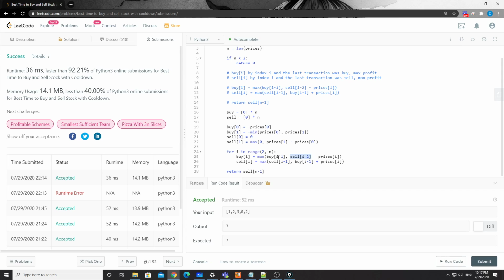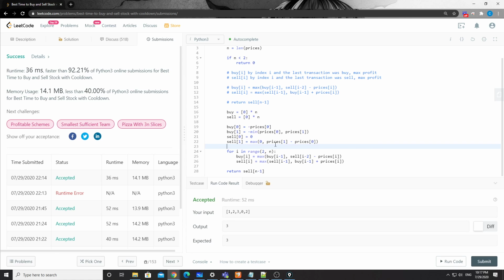All we need is these three variables to be able to calculate the current one. So we can just define three variables here and then keep updating them. Every time, we update the i minus one variables to the i minus two, and the current buy[i] to the i minus one, and so on and so forth.